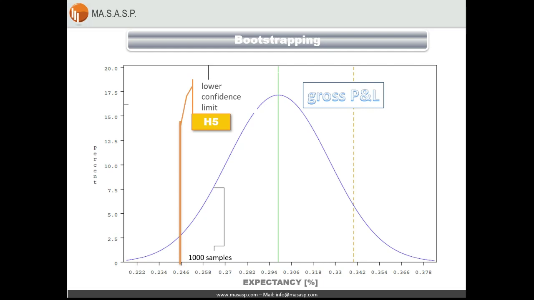Well, that said, the lower confidence limit returned by the bootstrapping has a further value as it can be compared against the transaction cost. The transaction cost is then referred to as the lower bound, indicated with LB, meaning that the lower confidence limit should not stand below this value.